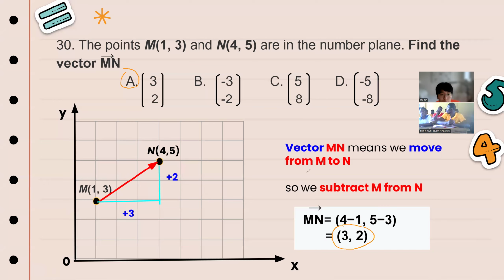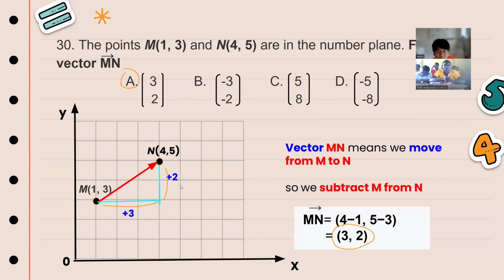That's because we move 3 across from M and then 2 to the top to get N. So the vector pointing from M to N is (3, 2). So the answer here is A.